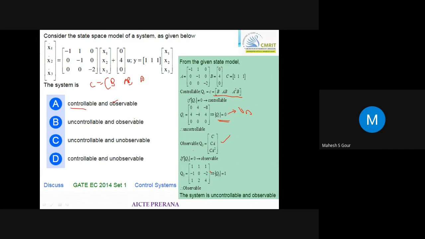So what is your A? Here it is a 3 cross 3 matrix. This is your A, this is your B, and this is your C. This should be good for matrix multiplication. I hope it is easy multiplication because many terms here are 0.